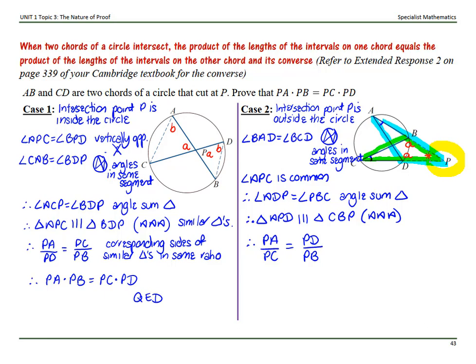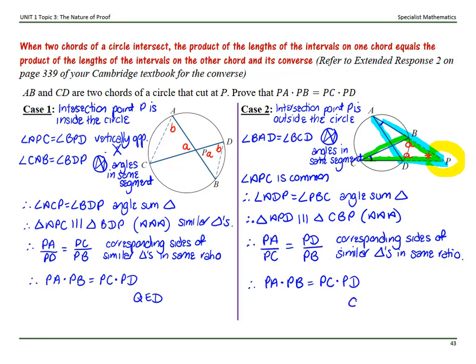And the reason being corresponding sides of similar triangles are in the same ratio. So rearranging that, you'll have PA times PB equals PC times PD.